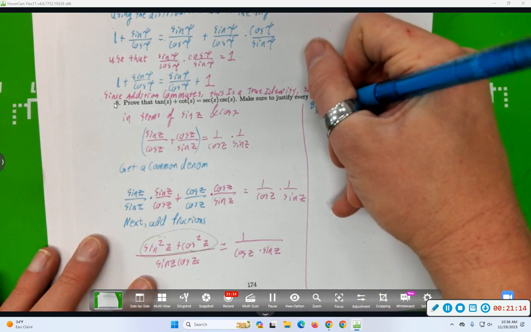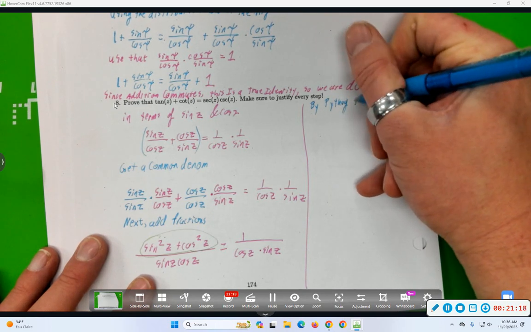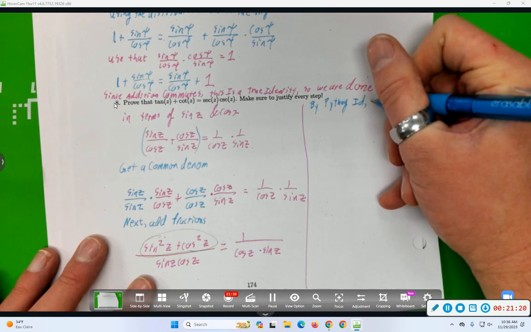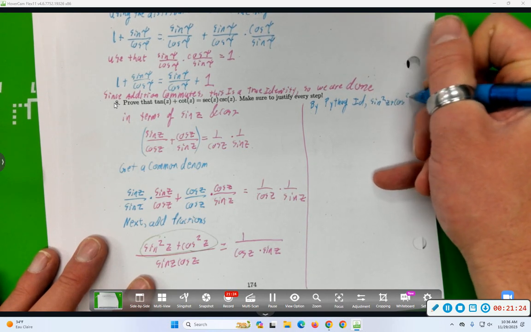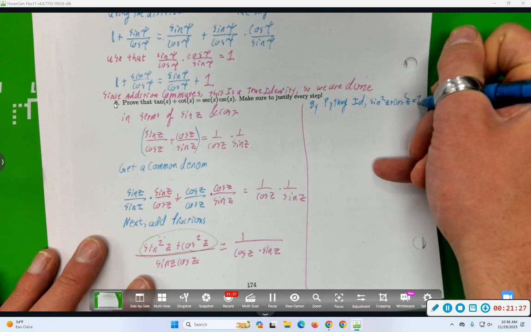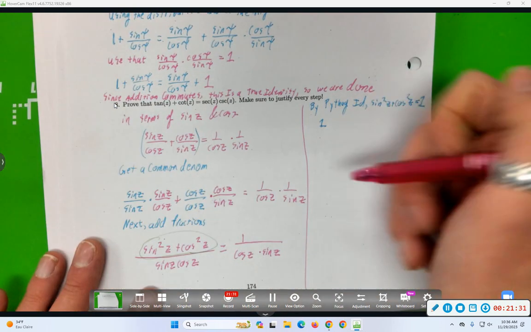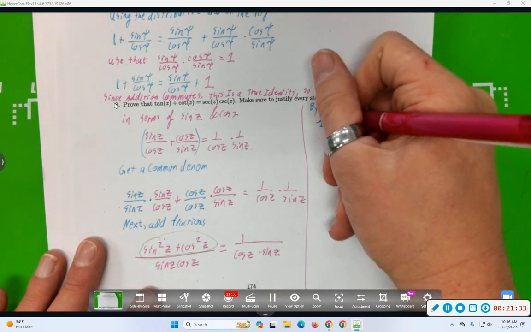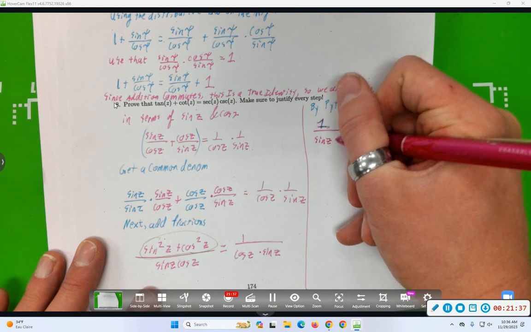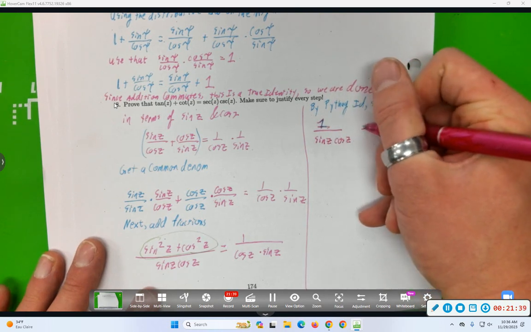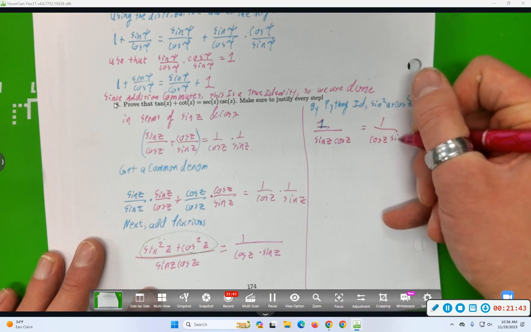By the Pythagorean identity, sine squared plus cosine squared is always 1. So this is going to become 1 over sine z cosine z equals 1 over cosine z sine z.